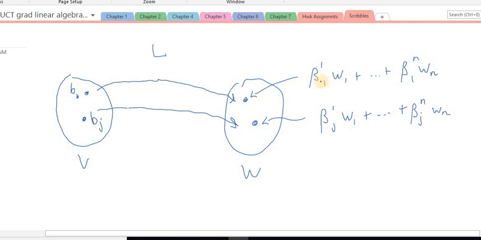Notice that the subscript, which is the column index, corresponds to the index of the basis vector in V, and the row index corresponds to the basis vector in W. That's in the linear combination for each basis vector of V. All right, so let's go back.